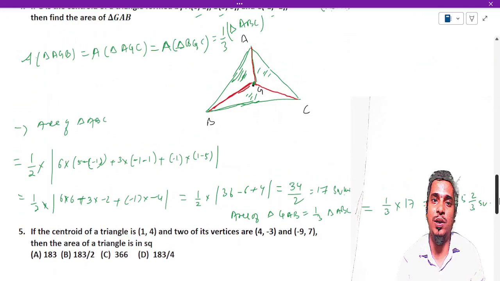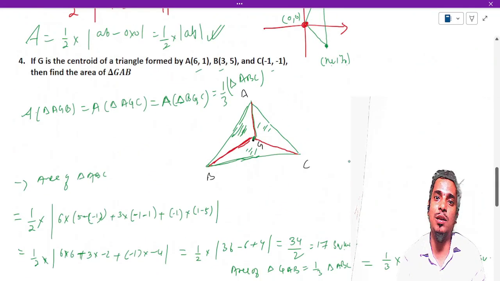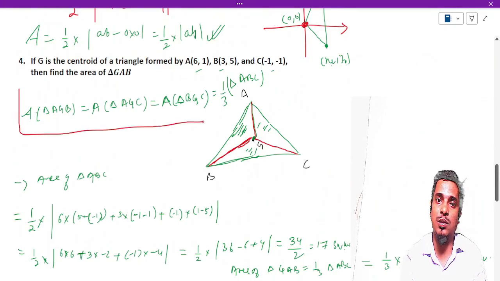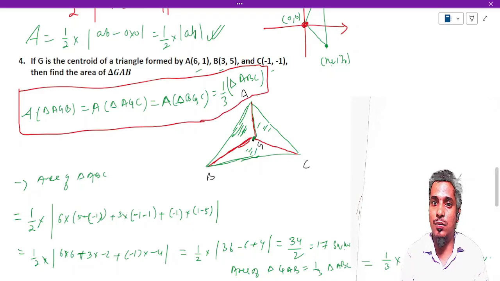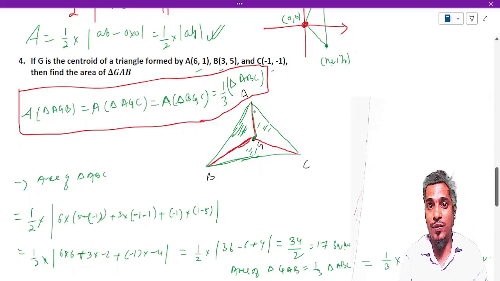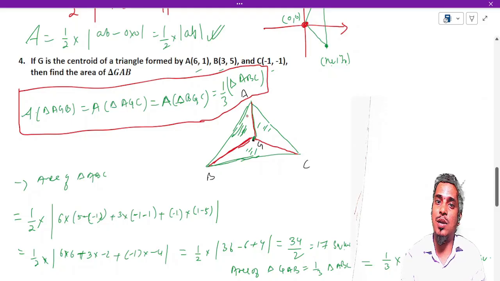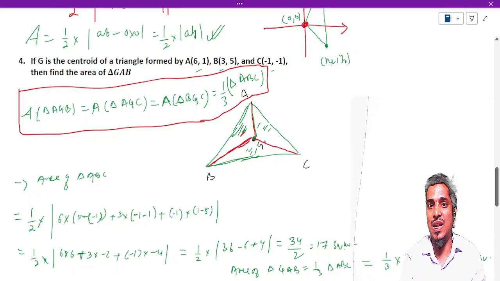I hope this is clear, right? So the key point over here is we have to just remember this result: the area of the triangle formed by a centroid with the other two vertices will be one third of the area of the triangle ABC, and all three triangles formed by the centroid will be equal in area.